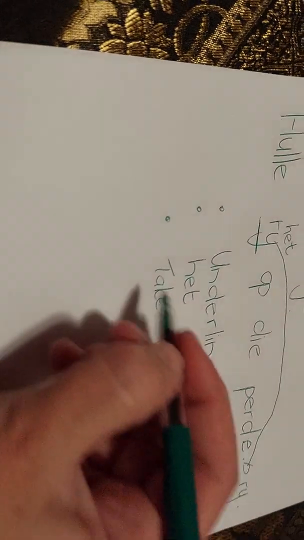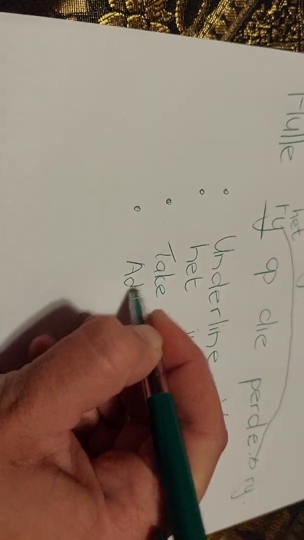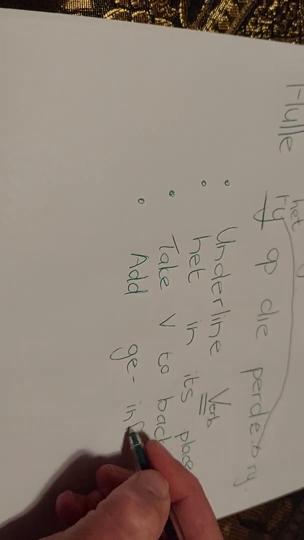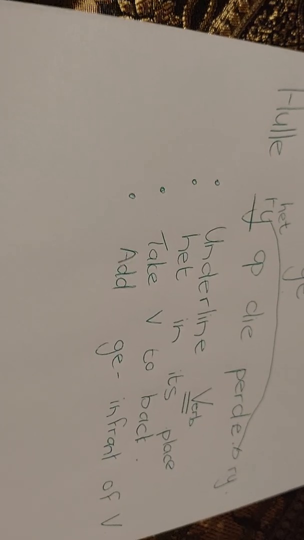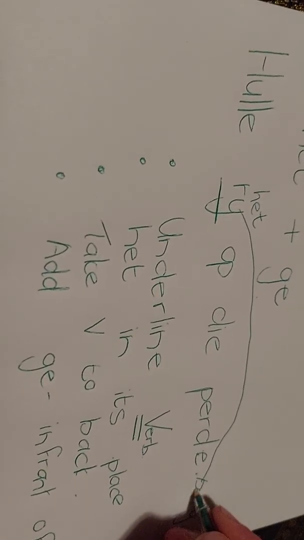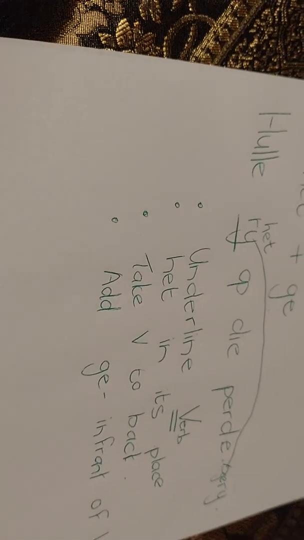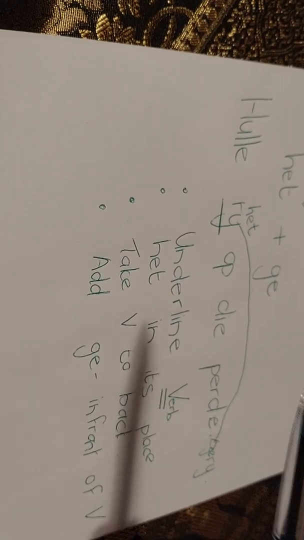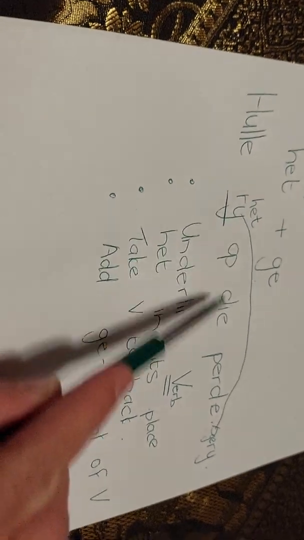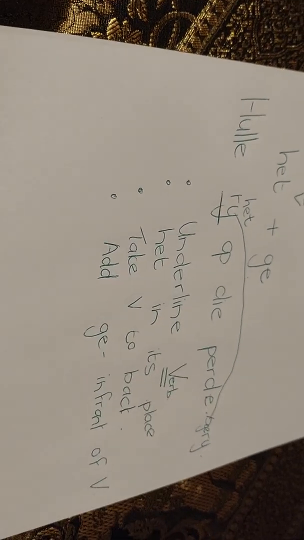Step 4, now you add a ge in front of your verb. So here's your verb, you moved it to the back, just add a ge in front of it. And that is your final answer. Hulle het op die perde gery.